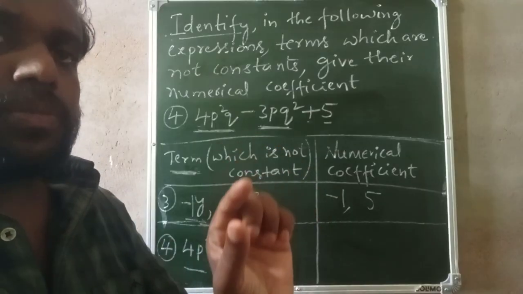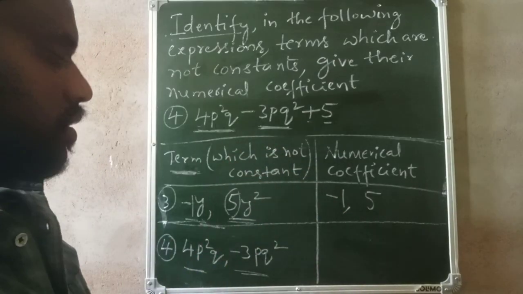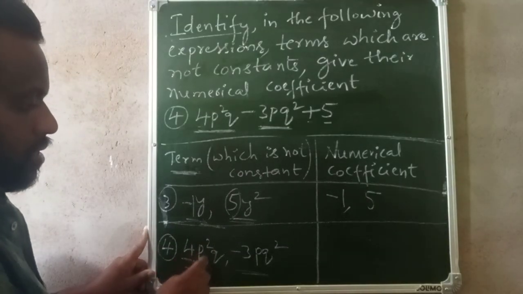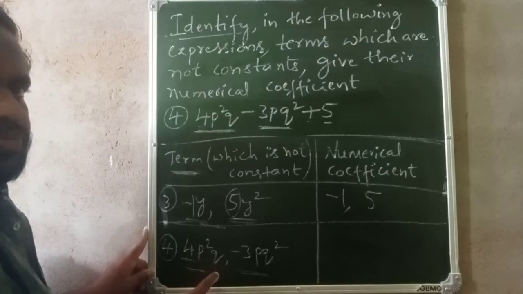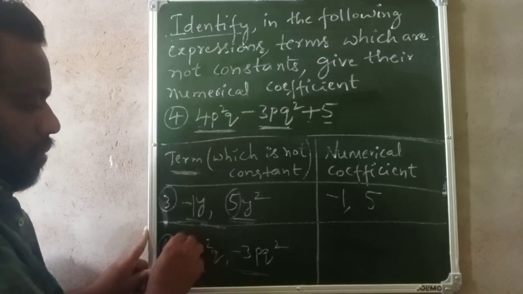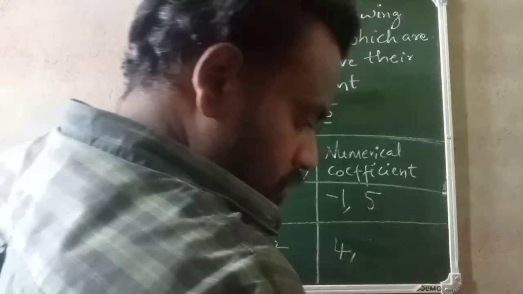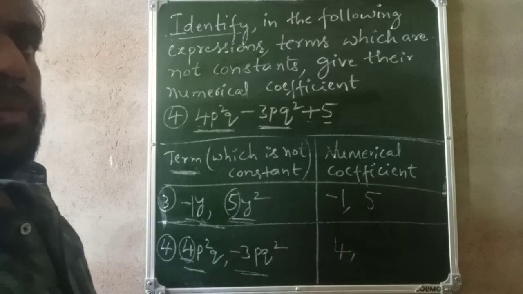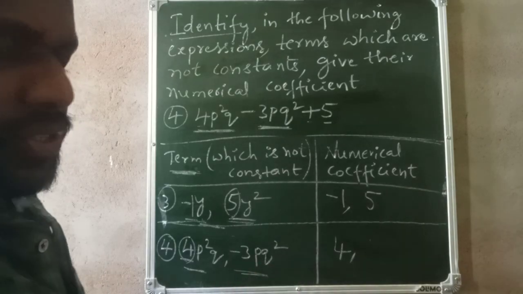The number that is present along with the variables P square Q. See, this number 4 is present along with the variables P square Q. So this number 4 will be the numerical coefficient. So you have to write here 4.